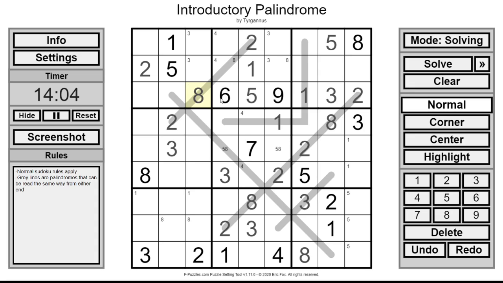Which makes this an 8, as well as this. That's an 8, that's a 5, that's a 4. Now we got 3 and 7 left. So that's a 7 for the row logic.